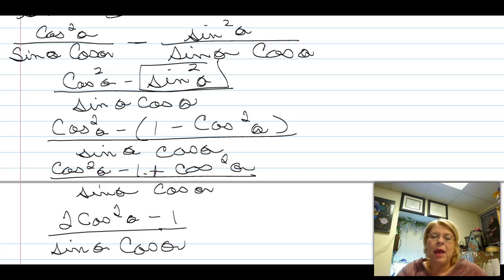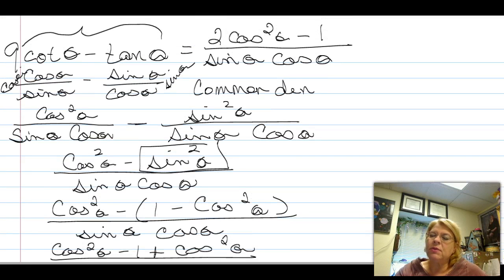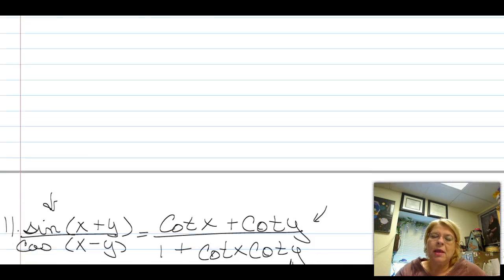When I distribute, I get cosine squared theta minus 1 plus cosine squared theta over sine theta cosine theta. Now I get 2 of the cosine squared thetas minus 1, and then I have the sine theta cosine theta, and if we look back here, 2 cosine squared theta minus 1 over sine theta cosine theta is what we were supposed to get.